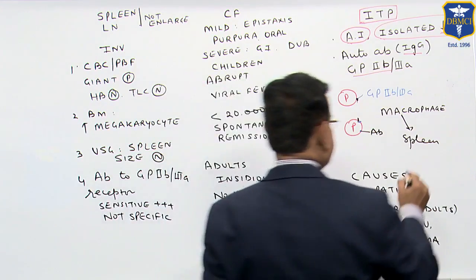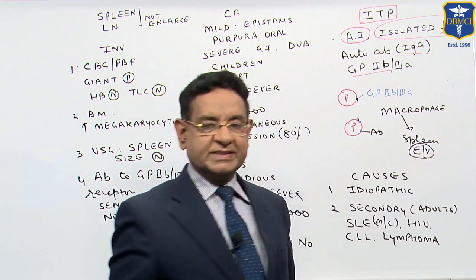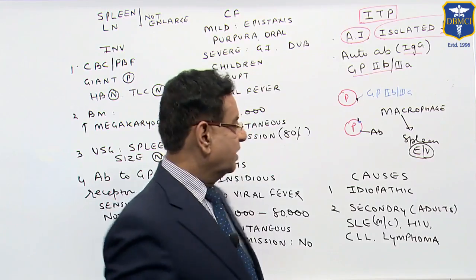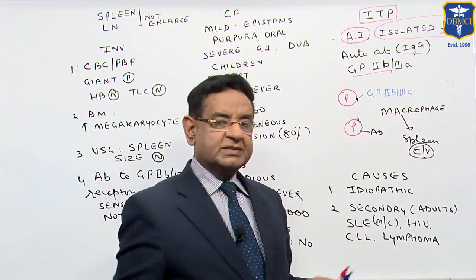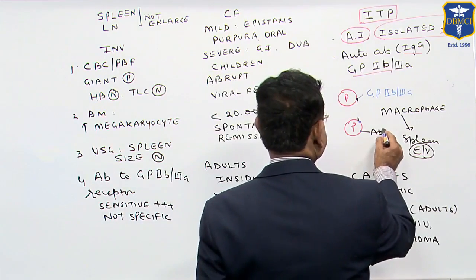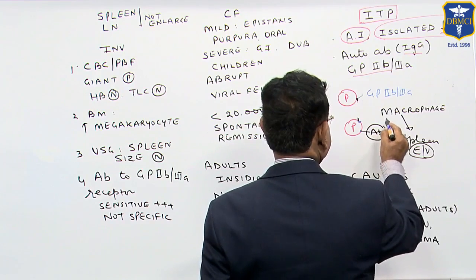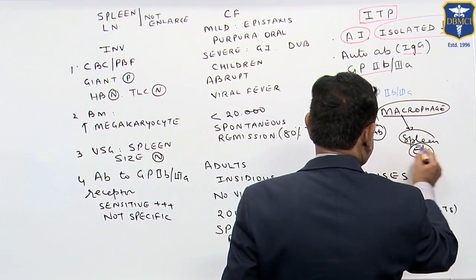That means it's a type of extravascular destruction. So if we look at the pathophysiology again, first of all antibodies are involved, macrophages are involved, and the spleen is involved.